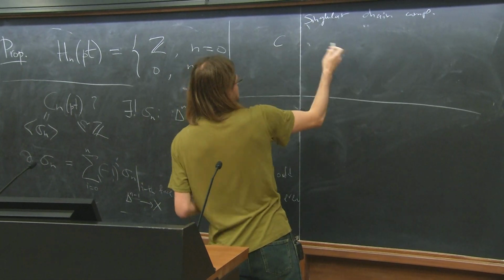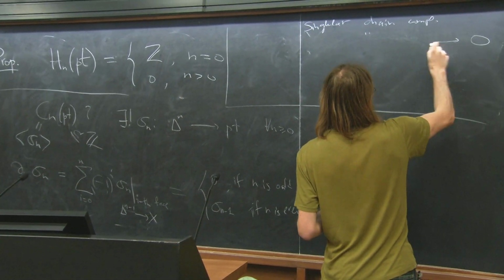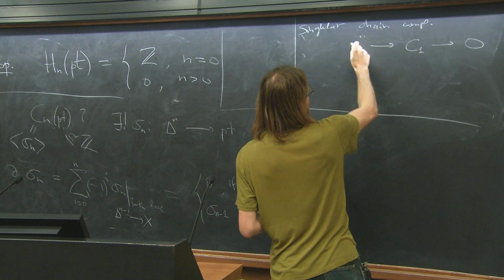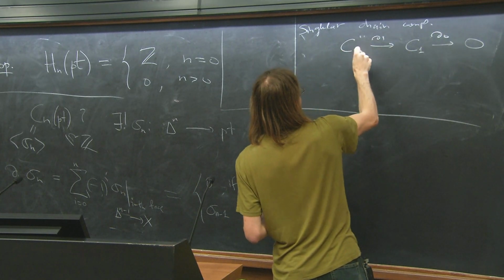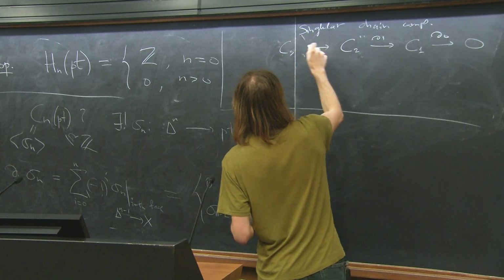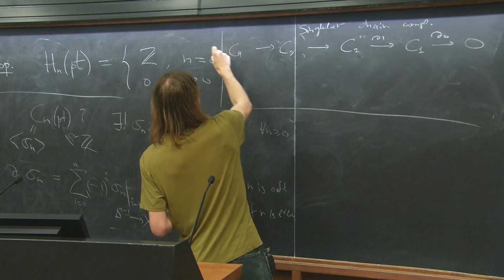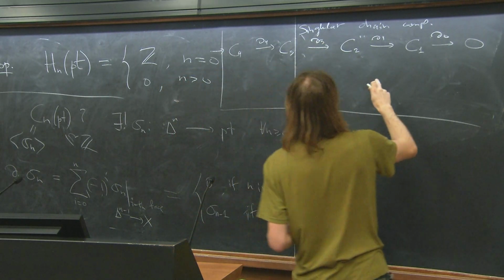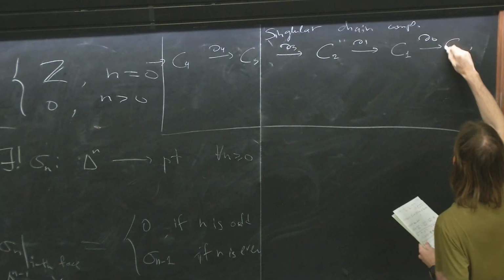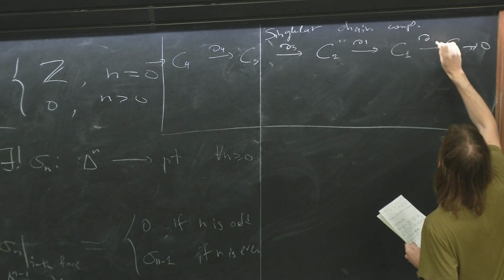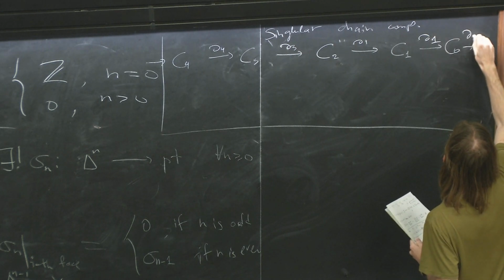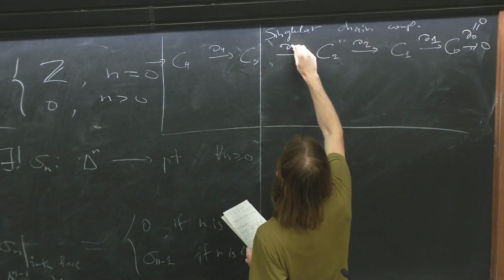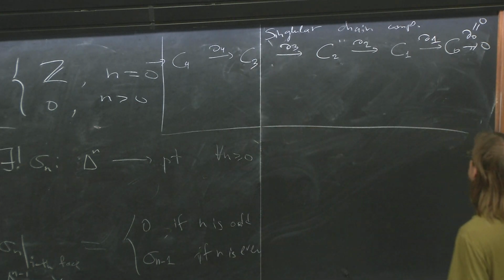In general, this is a sequence of abelian groups, starting with C0, C1, C2, C3, C4, and so on, with the maps between them: D0, which is identically 0, D1, D2, D3. Good.